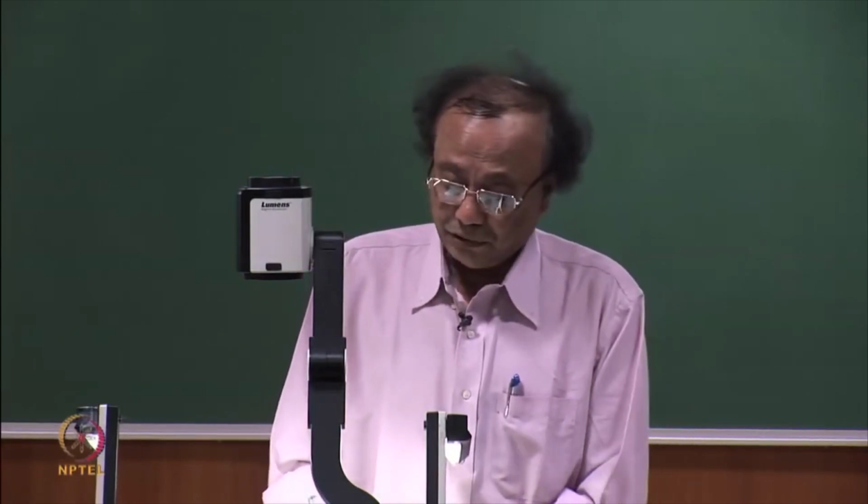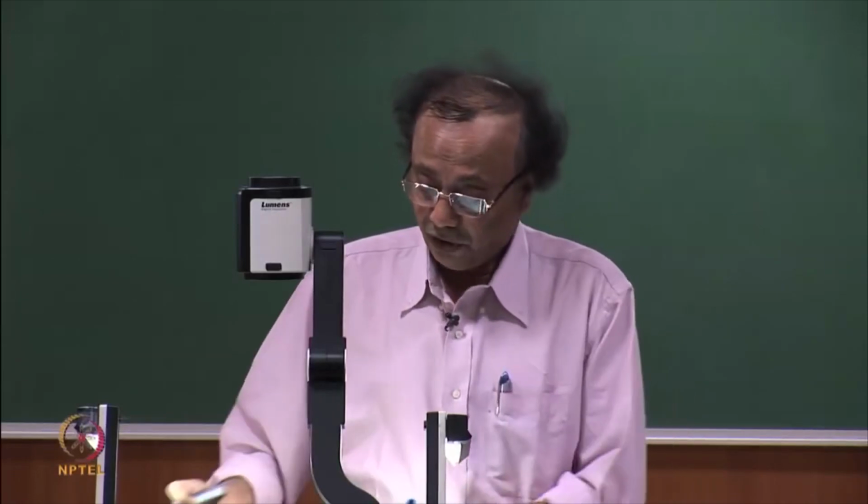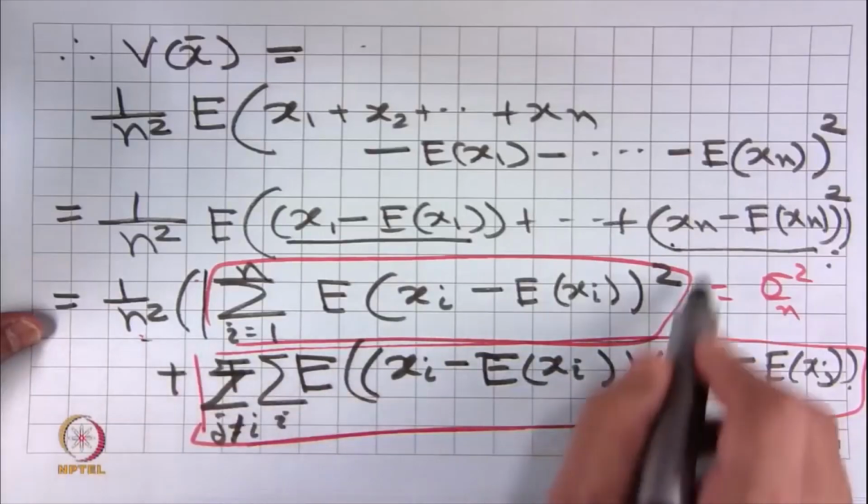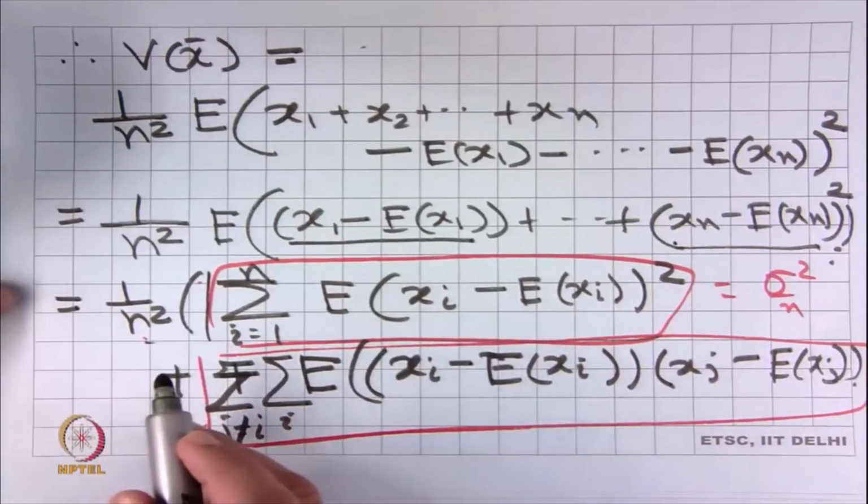So, going back to the equation of variance, this term still remains sigma square by n.